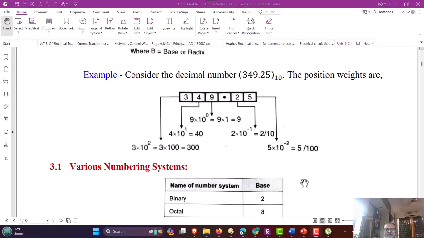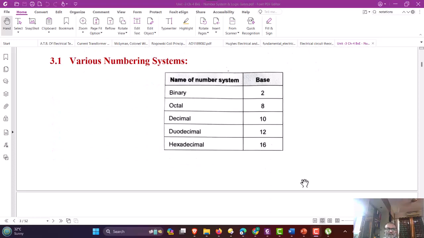This general fundamental will be applicable to any system we are going to study further. So if you remember this, you can easily understand the forthcoming systems. The various number systems that are used in practice are listed here with their base values. The binary system has base value 2, meaning there are only two symbols to represent any number in binary.